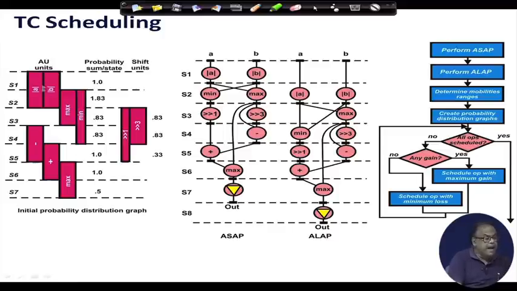So, once we have this, we can see that we have to schedule something. I have to come out up to this step. Here there is a time constraint, no longer a resource constraint, right. So, how can I proceed with this?